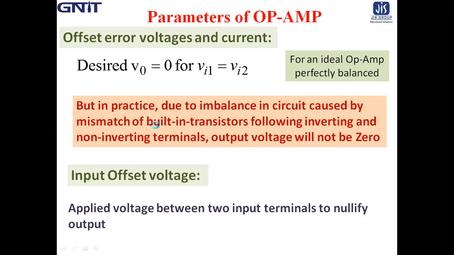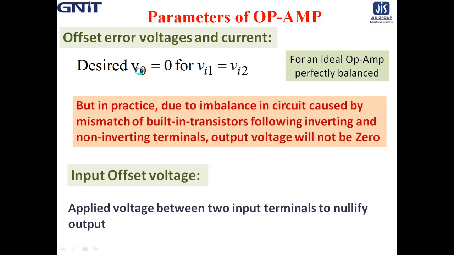But in practice, because of unequal amount of current drawn by the input transistors of the first differential amplifier, due to imbalance in the circuit caused by the mismatch of the built-in transistors following the inverting and the non-inverting terminals, the output voltage will not be 0.